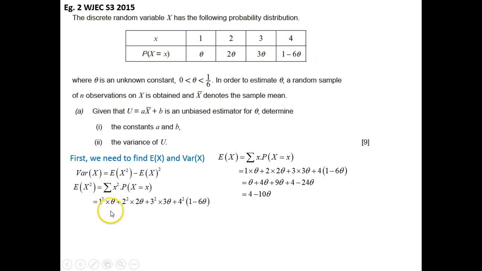So I've got 1 squared times theta plus 2 squared times 2 theta plus 3 squared times 3 theta plus 4 squared times (1 minus 6 theta). So I got theta plus 8 theta plus 27 theta plus 16 minus 96 theta, giving me 16 minus 60 theta as E(X squared).